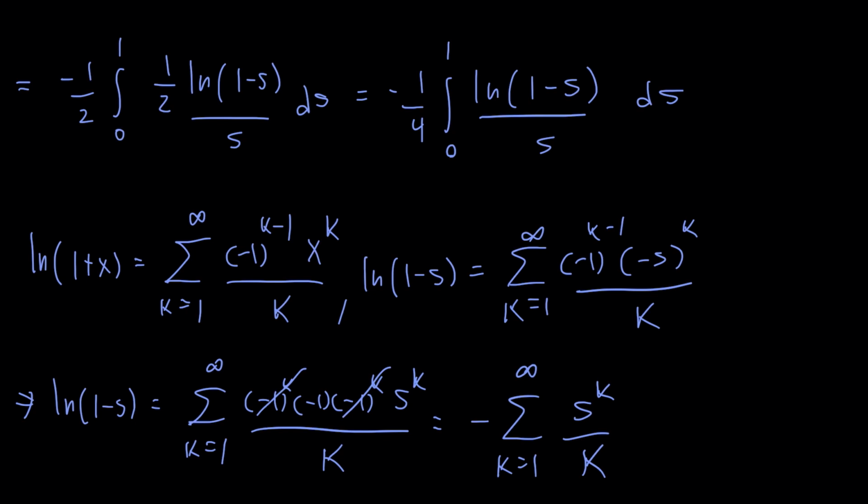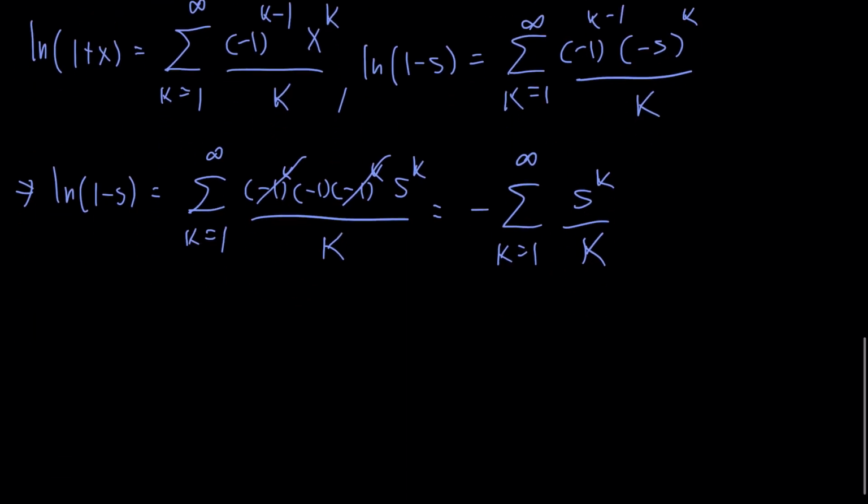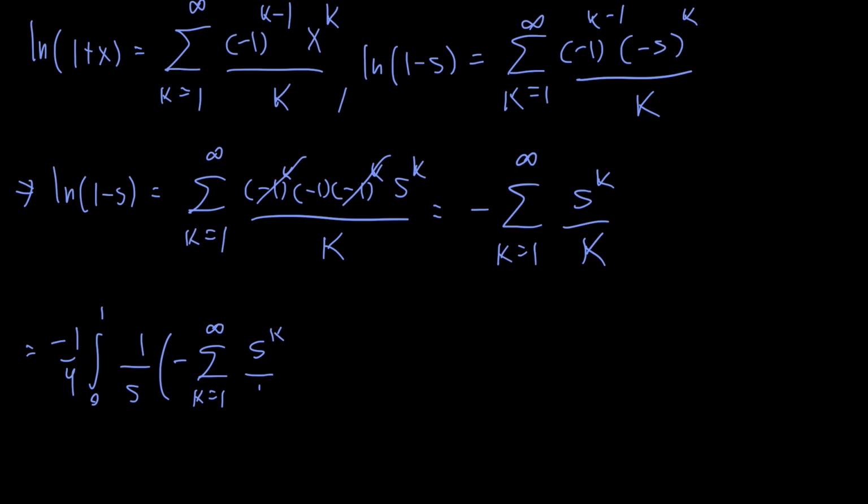So we'll implement that into our integrand. This is equal to negative 1/4 integral from 0 to 1 of 1 over s times negative the sum from 1 to infinity of s to the k over k ds. As you can see, these negatives will cancel, and we can exchange the sum and integral.